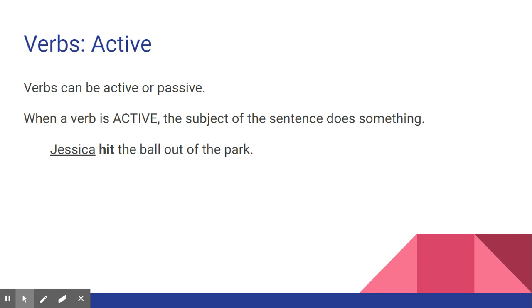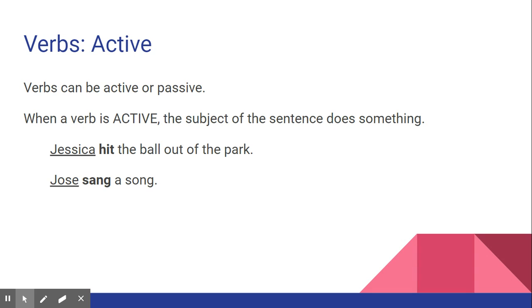Let's look at this sentence for example. Jessica hit the ball out of the park. Jessica is our subject. Hit is the verb. Who did the hitting? Jessica. Let's look at another example. Jose sang a song. Jose is our subject. Sang is the verb.